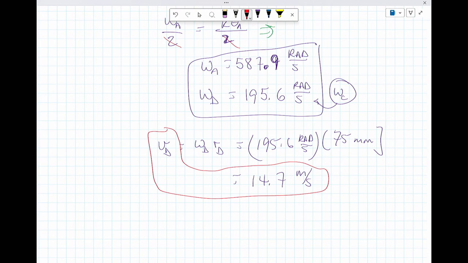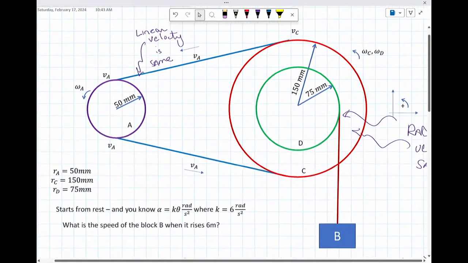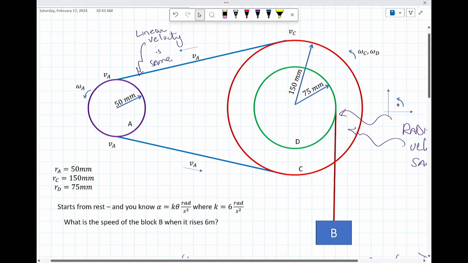Could you quickly just show us which values we were given? Yeah. These. So you were given the radii, RA, RD, RC.